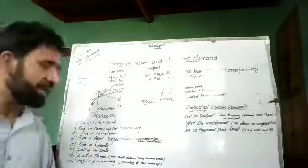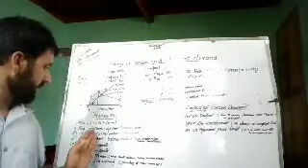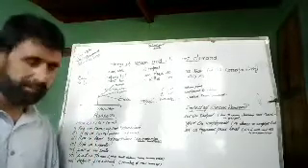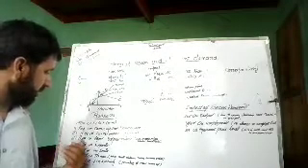Number two is rise in investment, and when aggregate demand rises, it rises with the result of the rise in investment. And number three is rise in government expenditure.